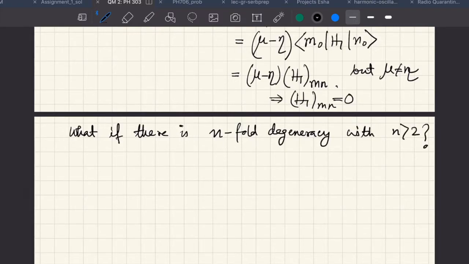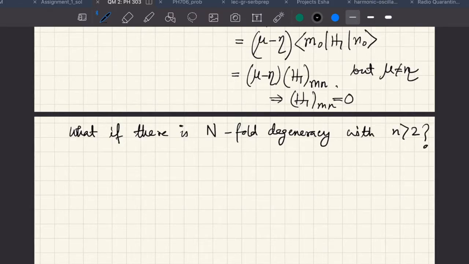So far all our discussions are limited to twofold degeneracy. In fact, I have shown what happens if we have this capital N-fold degeneracy. So let us denote this by capital N-fold degeneracy. That discussion was already done. So it is easy to see now how this method can be generalized.